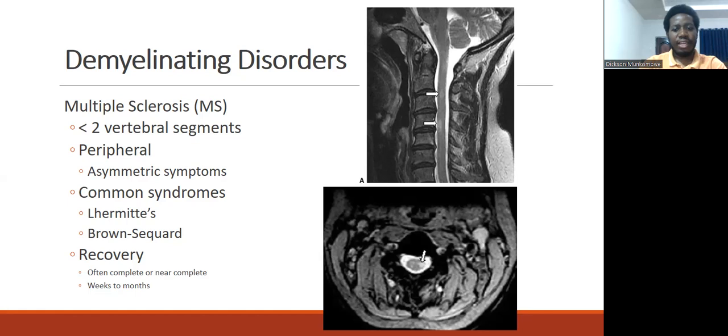Then when you look at it axially, it tends to be peripheral instead of central, and it tends to be asymmetric, and this coincides with the symptoms, which are also often asymmetric. And then common syndromes like Lhermitte's or Brown-Séquard could be found. Lhermitte's is simply where you have a shooting pain down the neck when you hyperflex your neck. Recovery is often complete or near complete, and it takes weeks to months, and it does tend to relapse or recur.